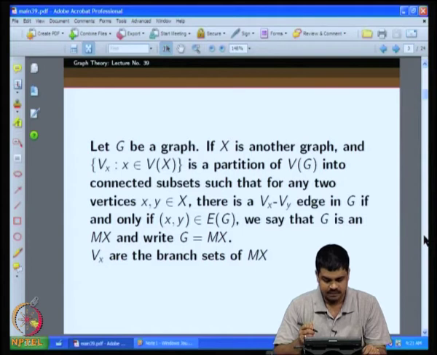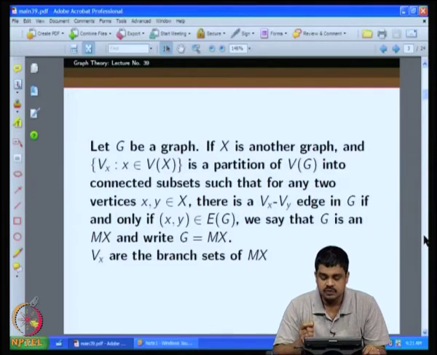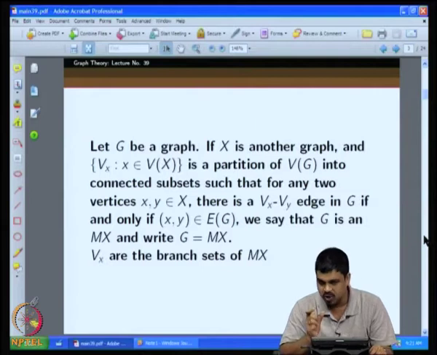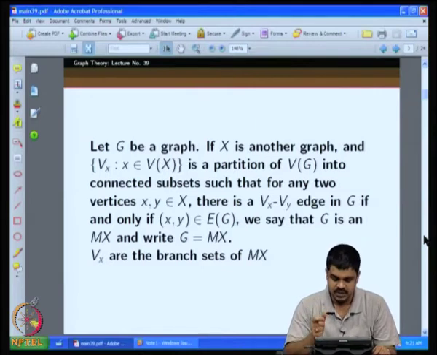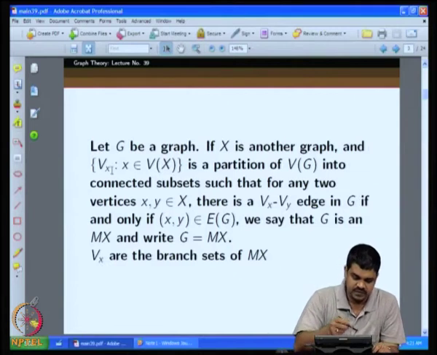So, let G be a graph. Now, if X is another graph, a smaller graph compared to G, corresponding to each vertex of X, we identify a set of vertices of G. That is Vx.